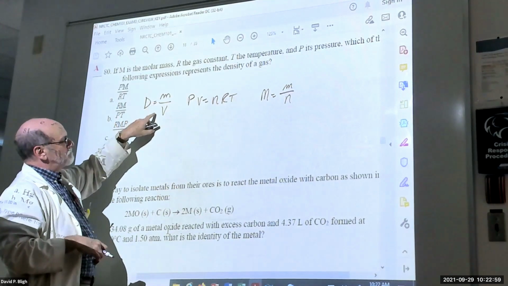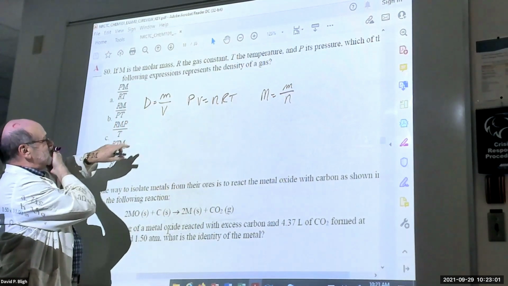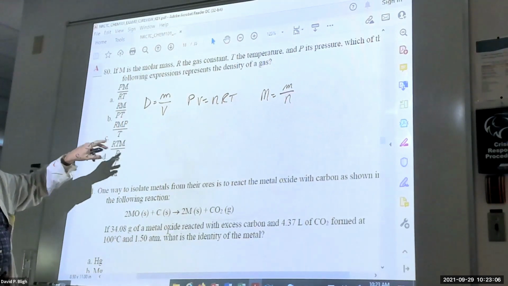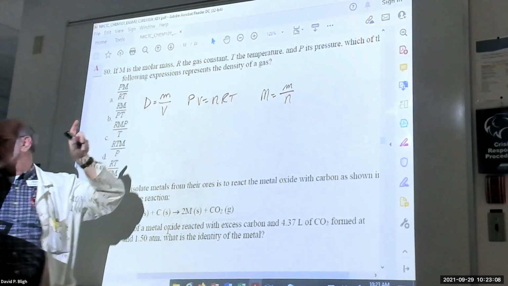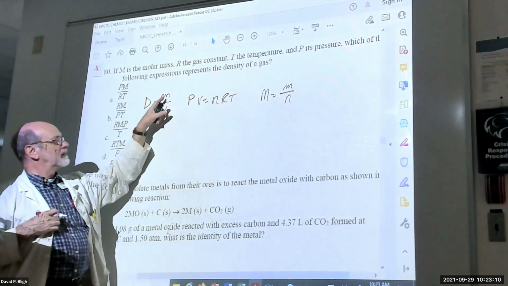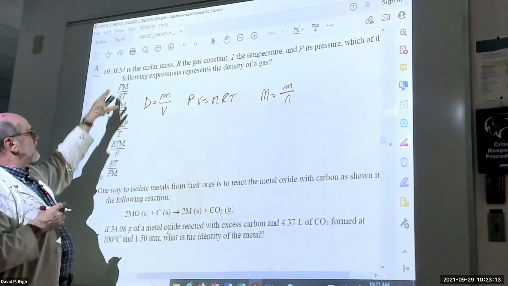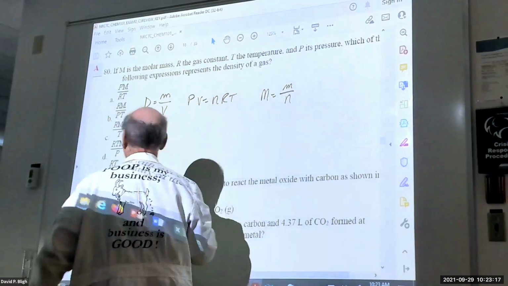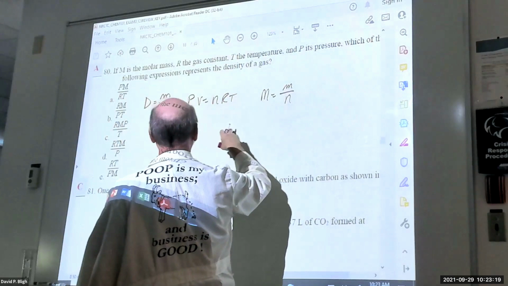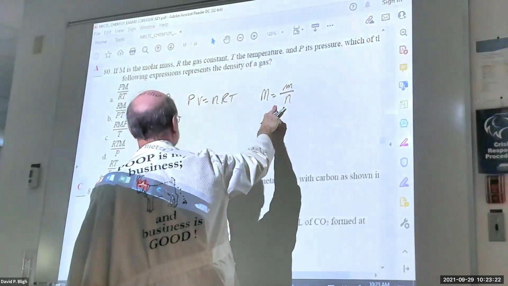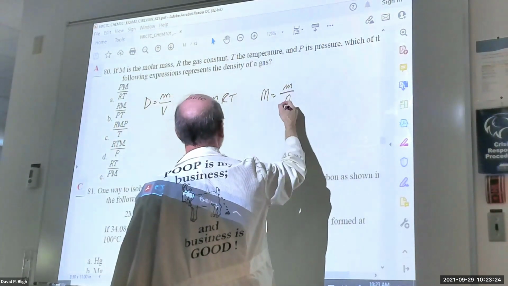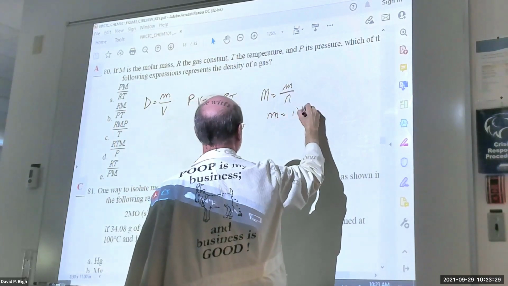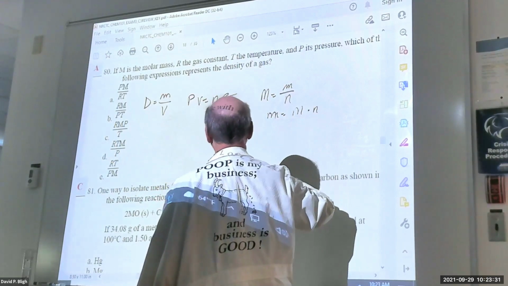So, let's see, let's look at what we got here. There's no mass in there. So we got to substitute something in for mass. That doesn't include mass. Right? And there's no volume there. So we got to substitute in something for volume. Got to get rid of the volume and the mass. Right? So if we want to substitute in mass, then solve this one for M equals molar mass times moles.